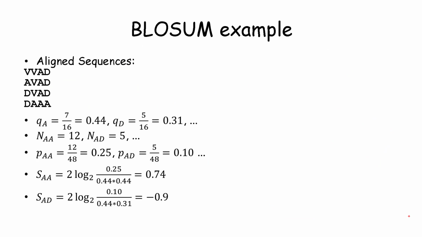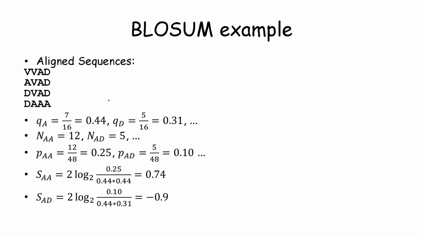Consider the following block of 4 sequences, each with 4 amino acids. The background frequency of A is 7/16 because we have 7 A's out of 16 total characters. Similarly, the background frequency of D is 5/16. The number of times that an A is replaced with an A is 12.